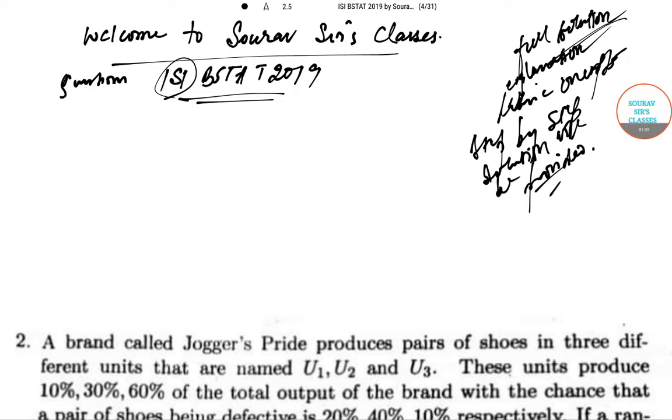This is a very important video. You can see that this is a VVIB video. What's the meaning of VVIB? VVIB means very important video. So be ready with your pen and paper and follow the question of the ISI B Stat 2019 paper. The question goes something like this.